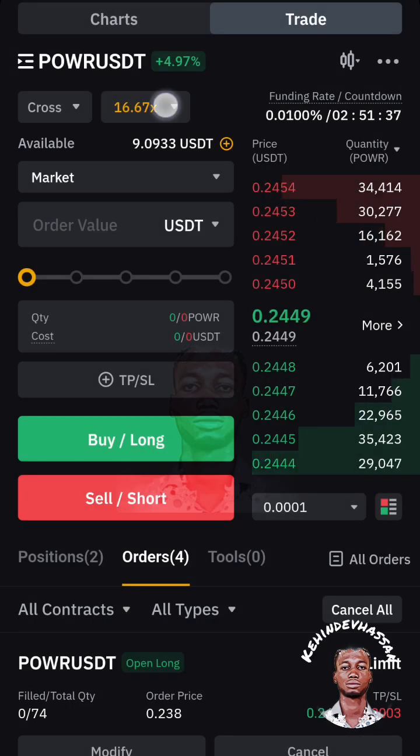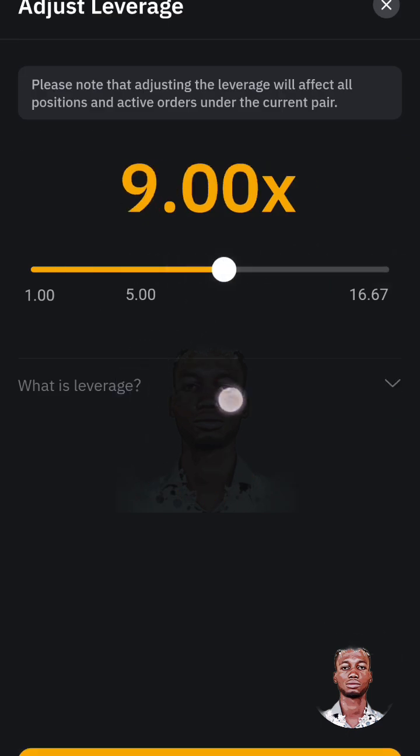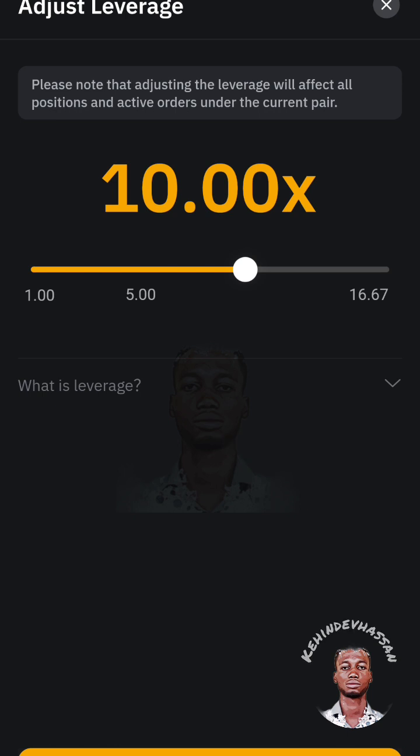If I give you 10x, use it. Based on the fact that I have some good knowledge about futures, I'm going to be using max. Don't use max, beware, but I'm going to be using max for this.